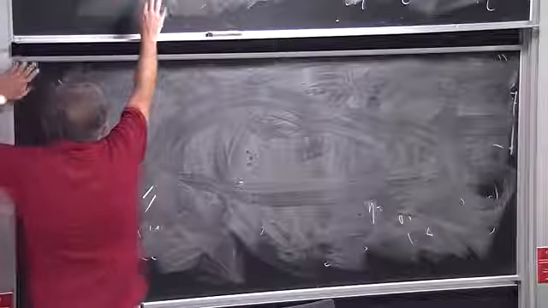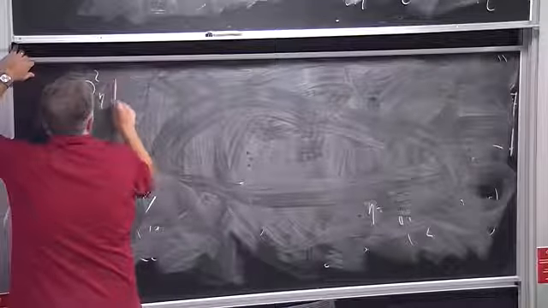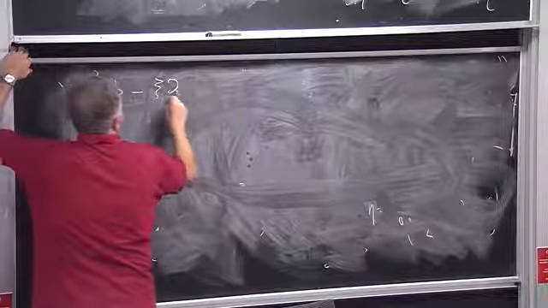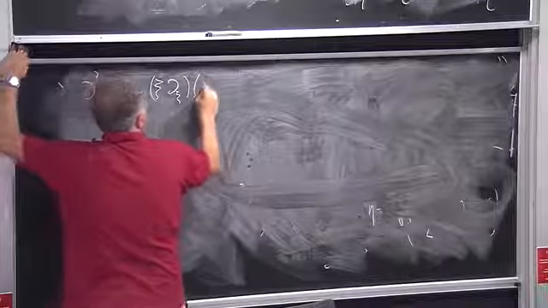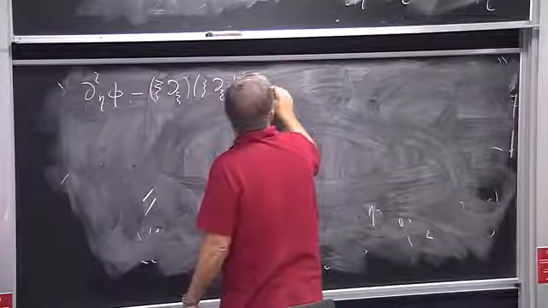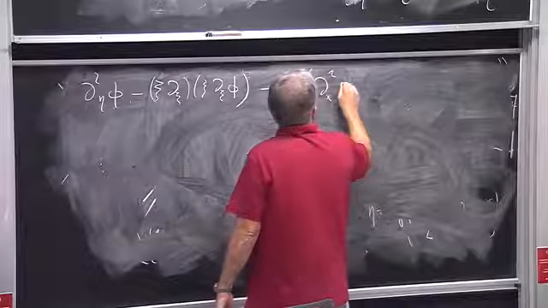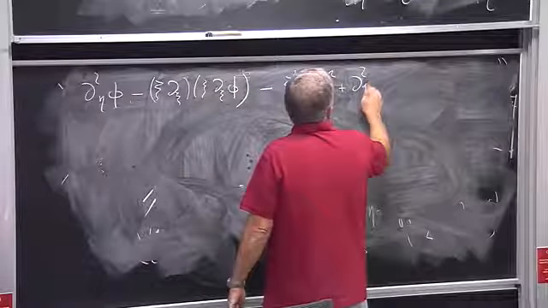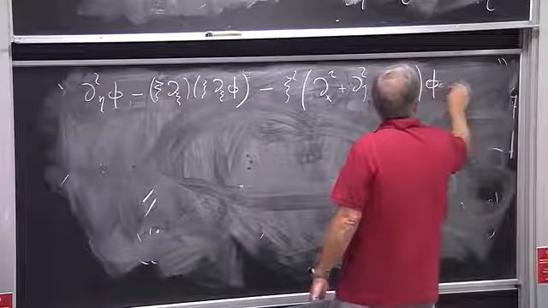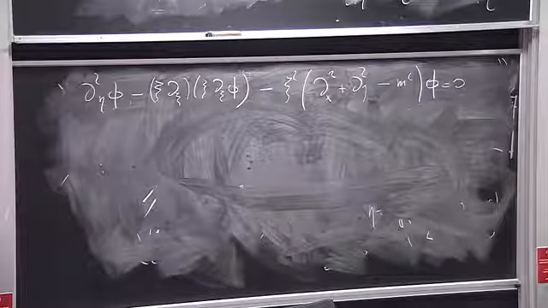So this is going to be d eta squared phi minus xi d xi xi d xi phi minus xi squared (dx squared plus dy squared minus m squared) phi equals 0. Okay.